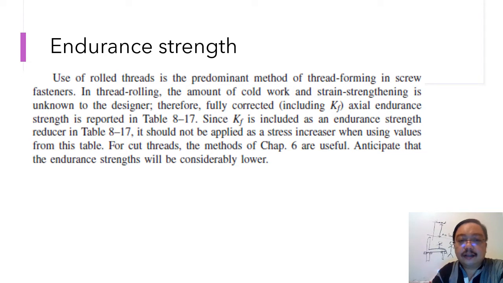In thread rolling, the amount of cold work and strain hardening is unknown to the designer, therefore the fully corrected axial endurance strength, including Kf, is reported in Table 8-17. Since Kf is included in the endurance strength, it should not be applied as a stress increaser. Using values from this table for cut threads, those mentioned in Chapter 6 are useful, and anticipate the endurance strength will be considerably lower.